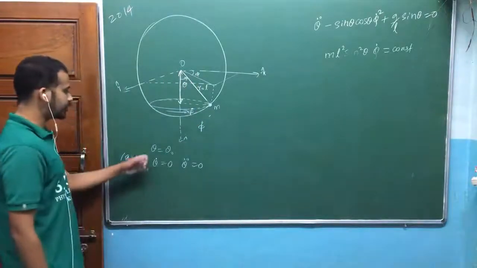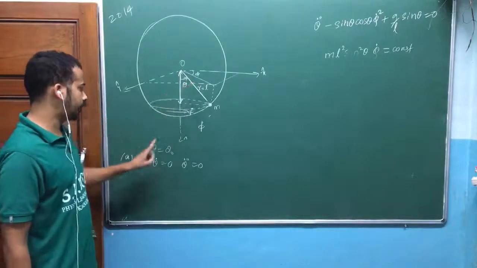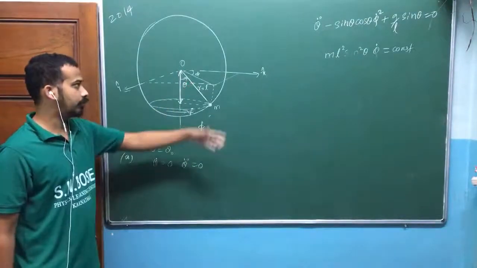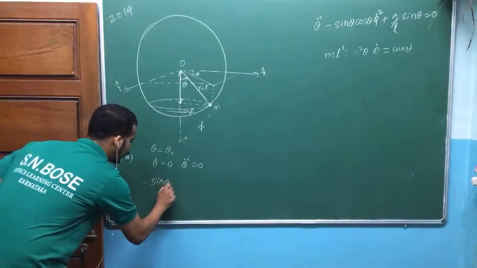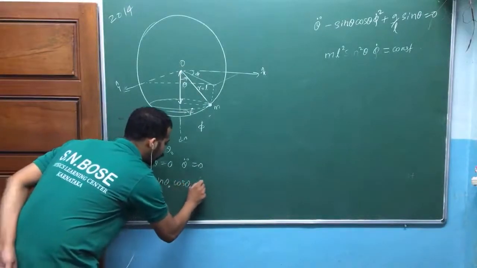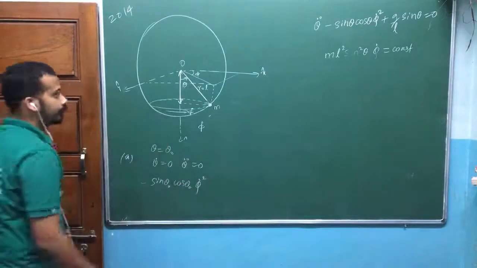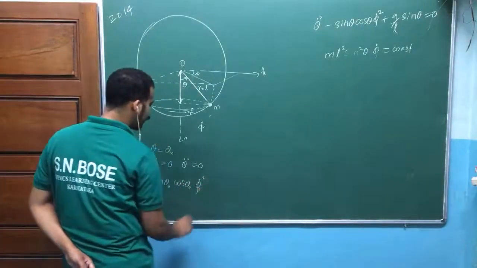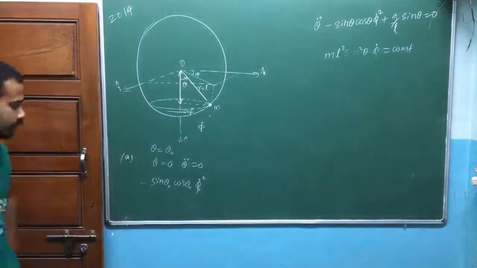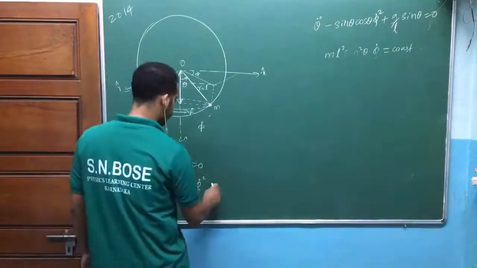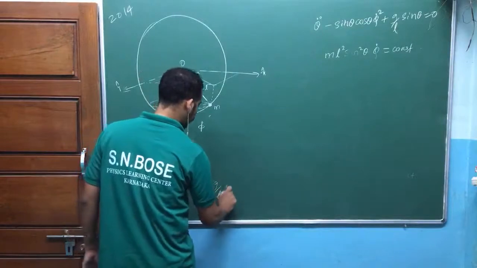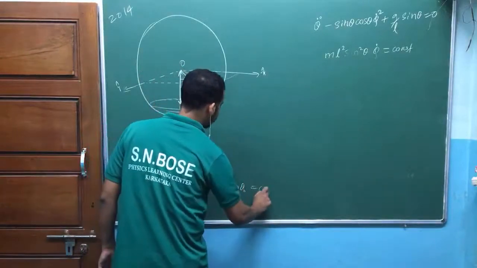So you can just substitute this one. If theta is constant, if theta equals theta naught, its second derivative equals 0. I can make use of that equation, minus sin theta naught cos theta naught phi dot square. I'll call it phi naught dot square, because it's a constant angular velocity, plus g by L sin theta naught is equal to 0.